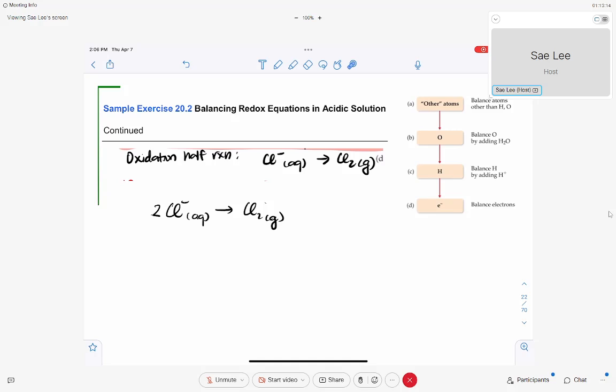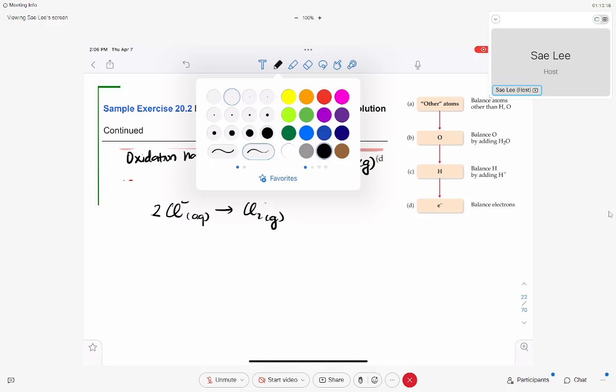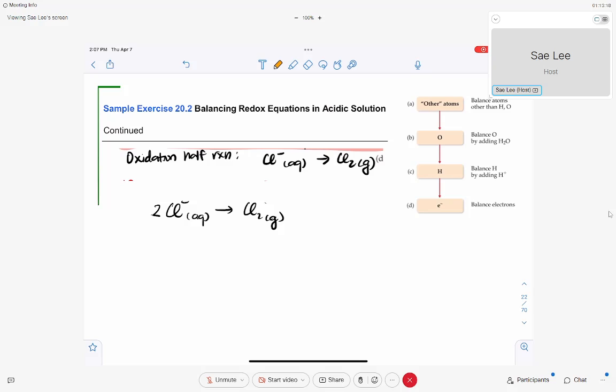Since the left side has charge of 1 minus. You have 2 of the 1 minus charged chloride, so this gives us charge of 2 minus.